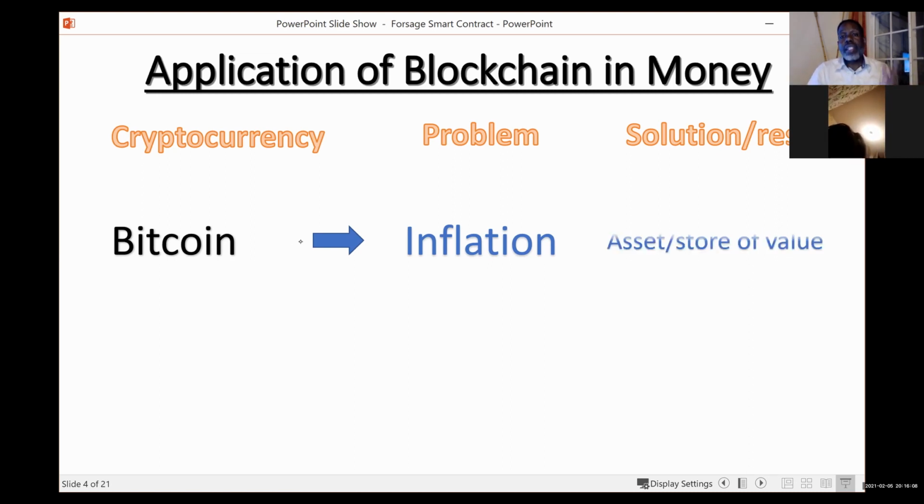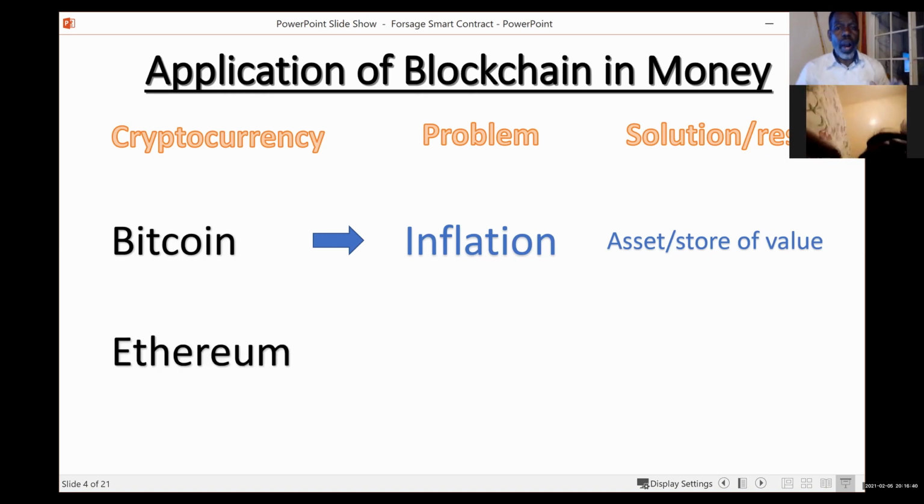It makes Bitcoin an asset or a store of value, meaning that if you acquire Bitcoin today, in the next 10, 20, 30 years to come, you will be very rich. And that is applicable to all the other cryptocurrencies that we are talking about.